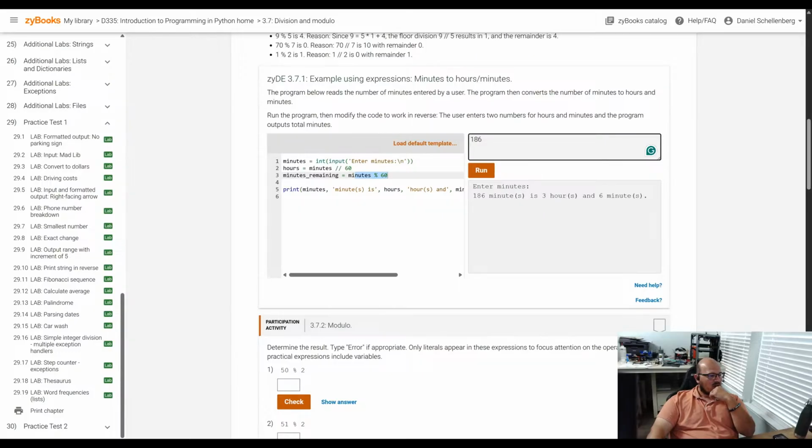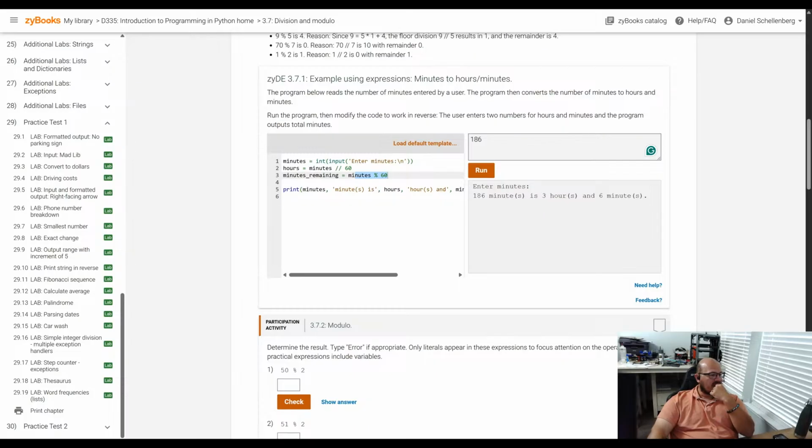The result is three, which represents three full units. Like 6 and 6, so 6, 12, and then 18. So 180.